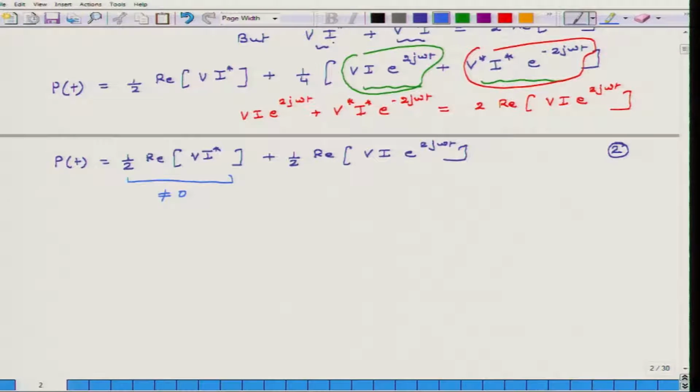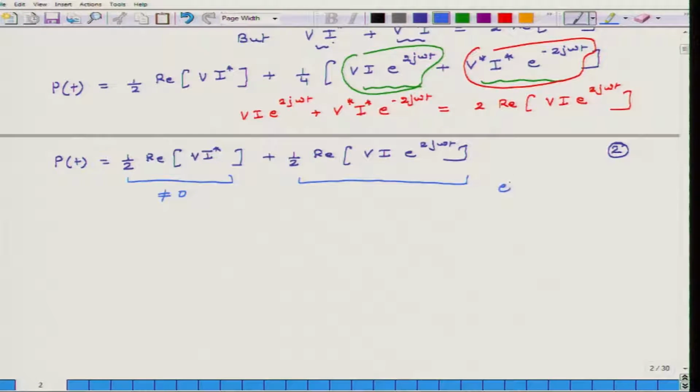If the magnitude of V is non-zero and I star is non-zero, then the first component, which is half of real of V I star, will not be equal to 0. Now, let us look at the second component. Here V is a constant number, it may be complex, I is a constant number.